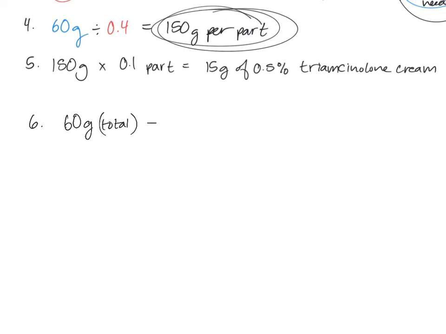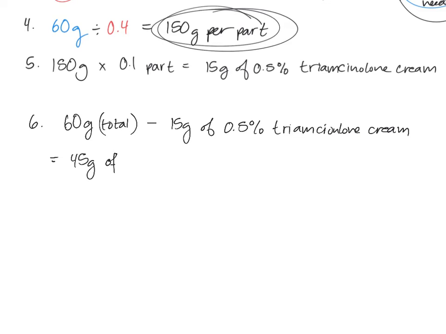And we'll subtract from it the amount we found from step 5, 15 grams of 0.5% triamcinolone cream. And that will give me 45 grams for the 0.1%. So subtracting away the amount of the higher concentration, we'll find out how much we need for the lower percent of the cream.